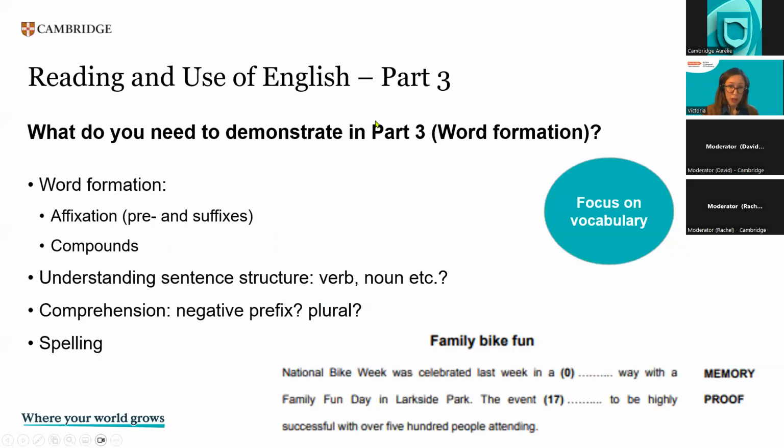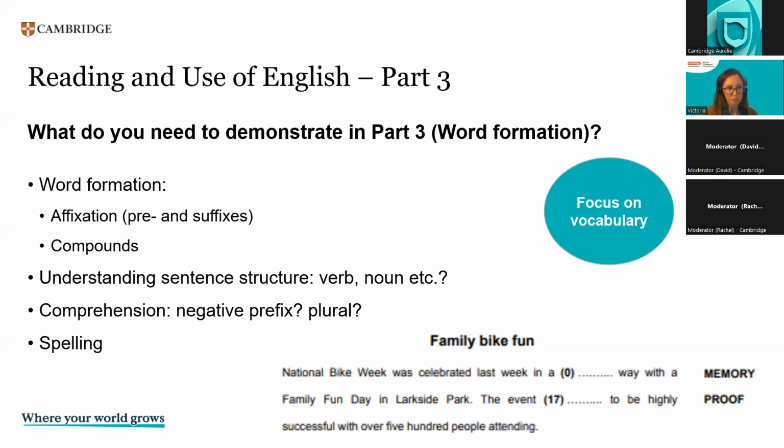So we're going to focus on part 3, which is the word formation. It is a text that has some words at the end of some lines. And what do we need to demonstrate in this part of the exam?